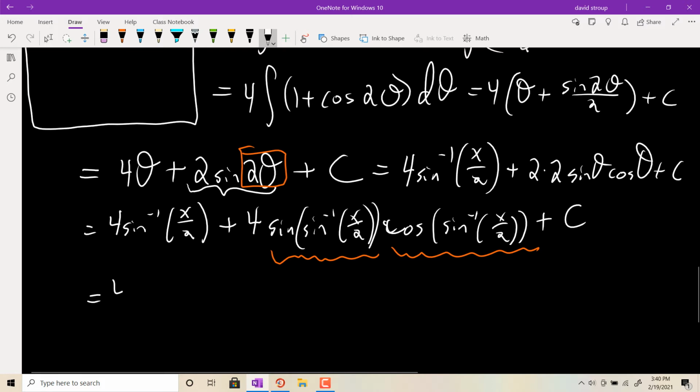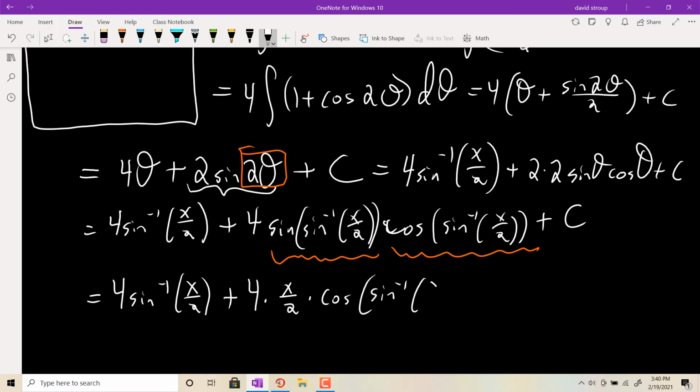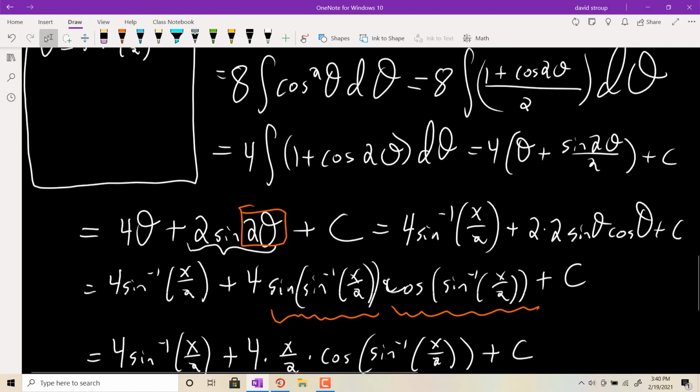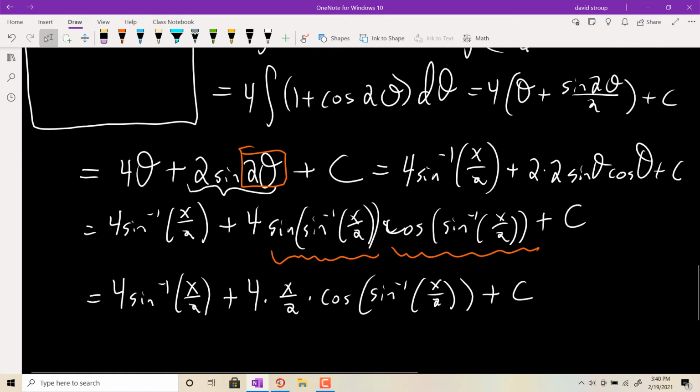But if you remember from maybe pre-calculus or trig or calc 1, we developed methods for simplifying those kinds of expressions. So anyways, I'll have 4 times x over 2 times this cosine, this weird thing here. We can't leave our answer like that. The calculator, the computer isn't going to like it. You can simplify that into a nice looking algebraic expression, something in terms of square roots or fractions, something like that.